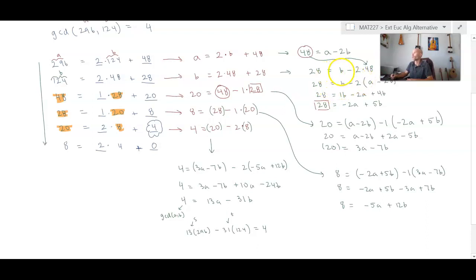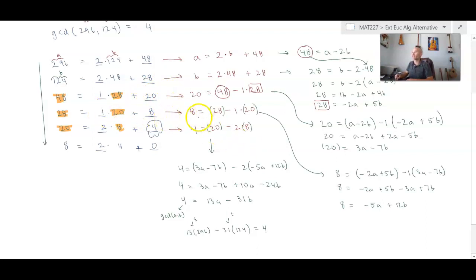Actually, we already had 124 was B. Then for 48, we put in A minus 2B, got that first line, and now move to the third line in the Euclidean algorithm, solve for the remainder, substitute in our two previous 48 and 28, get a new expression, and now that gives us an expression for 20.